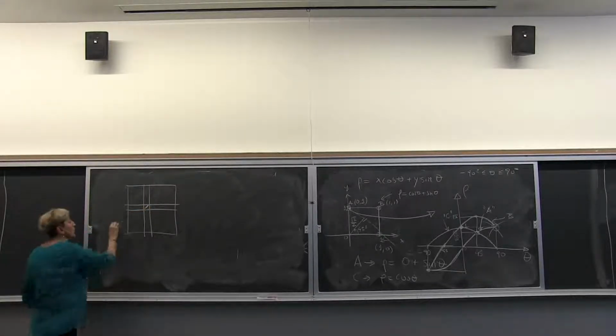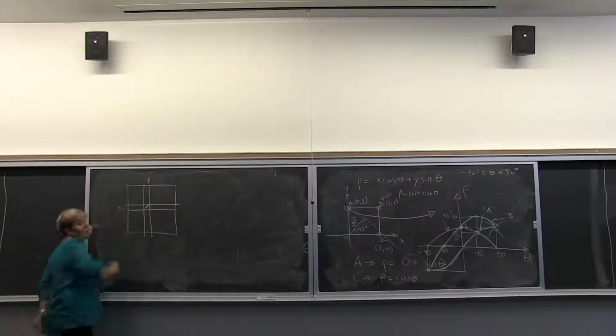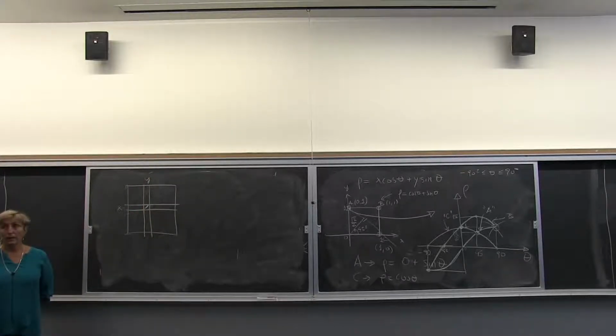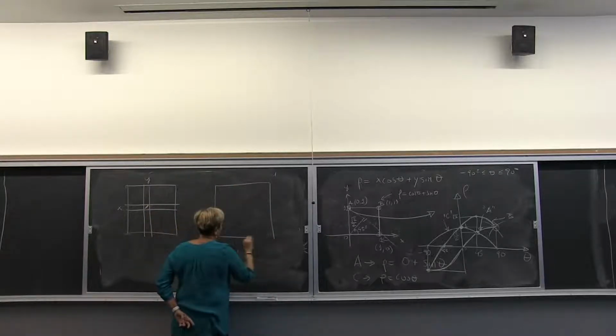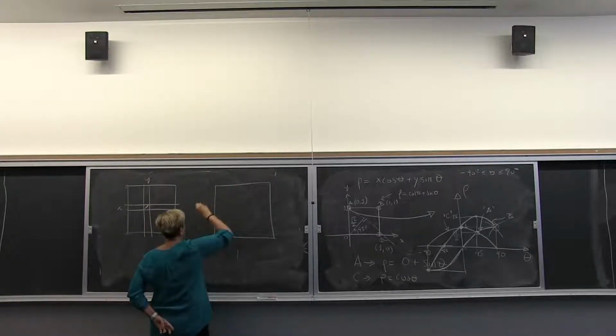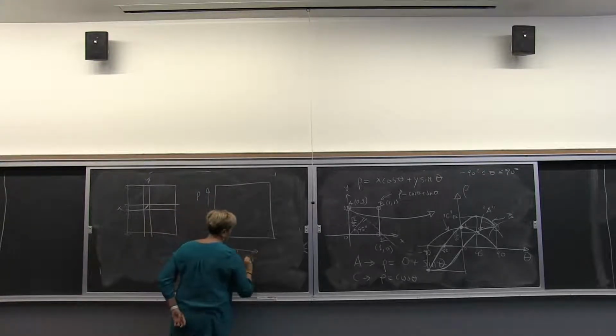This edge has coordinates x and y. Now I'm going to paint this other image where I'm going in this direction rho, and in this direction theta.